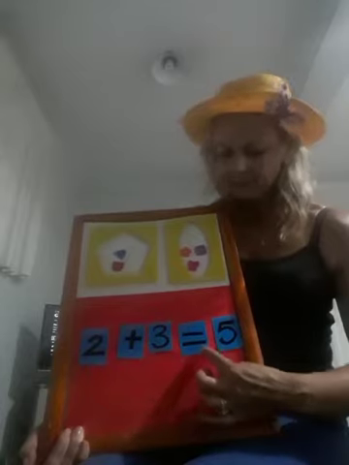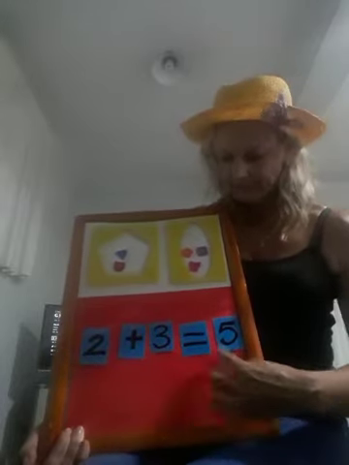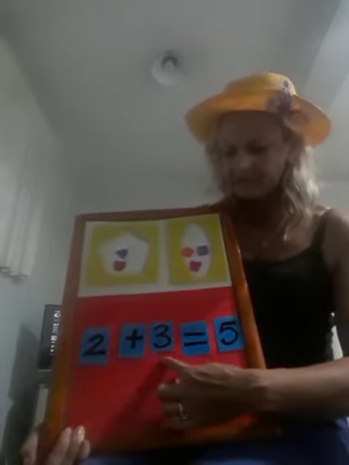So my number sentence will look like 2 plus 3 equals 5. 2 plus 3 more equals 5 buttons altogether.